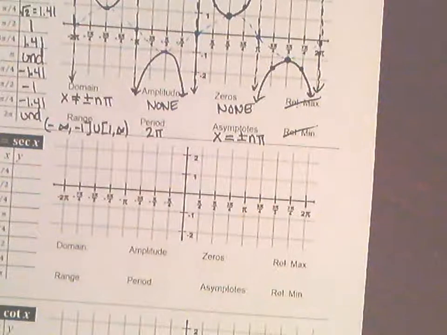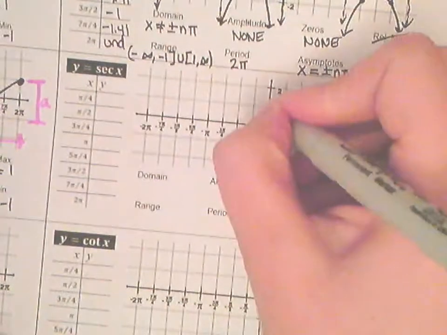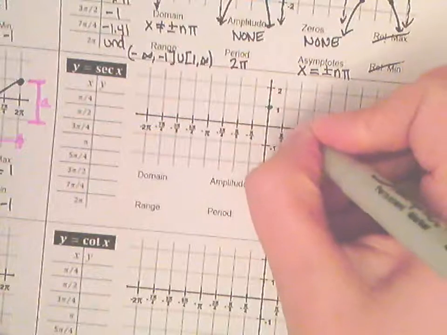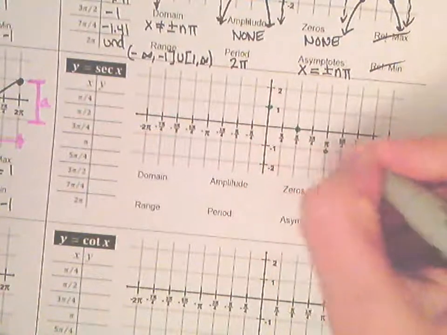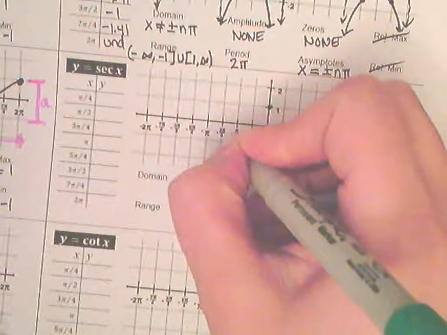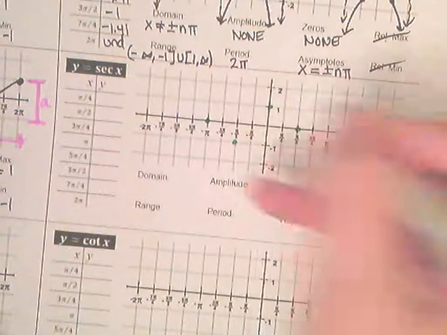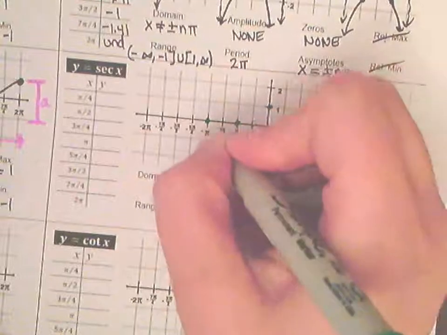All right, now secant. So again, just like what I did with the previous guy, I'm going to graph the cosine function here really quick. Remember, it looks like a cup. I just messed that up, my bad.